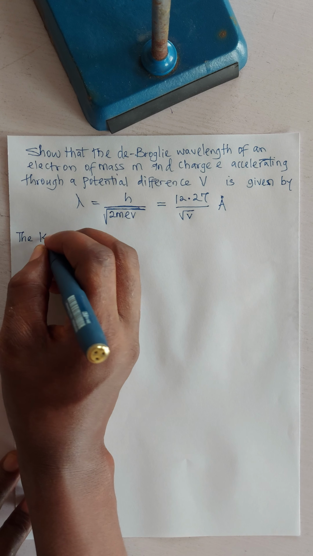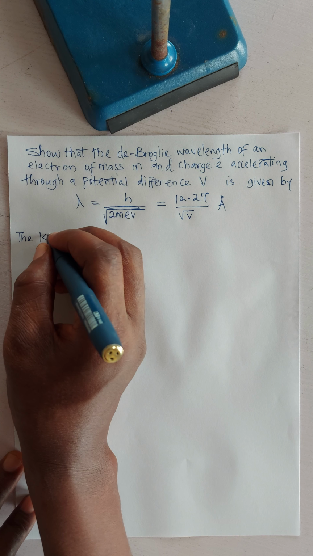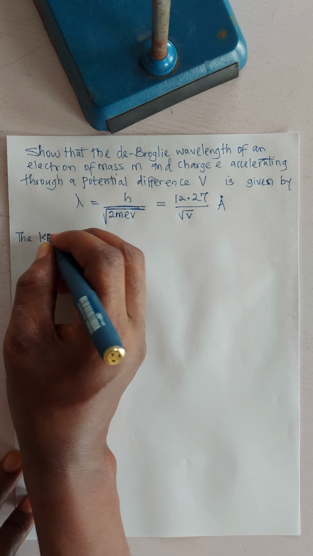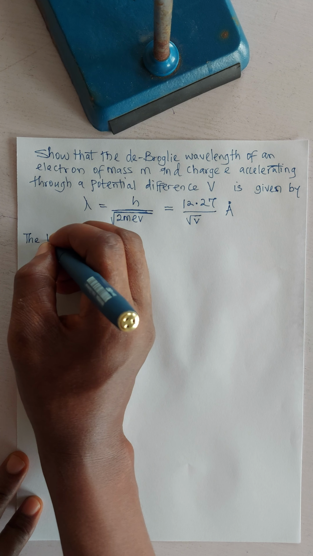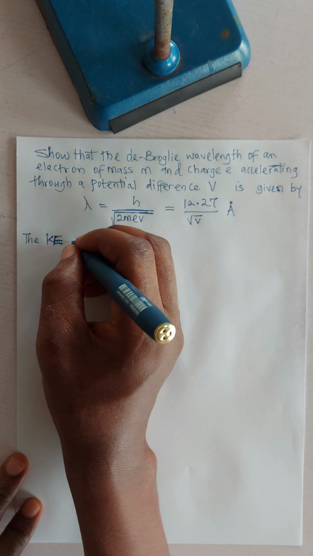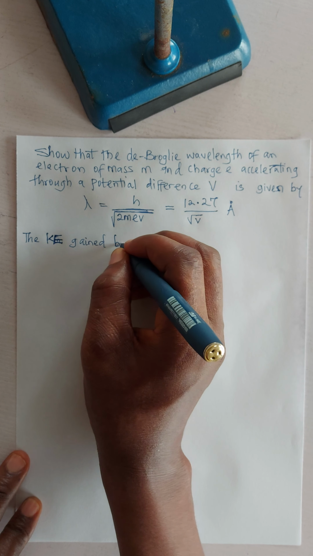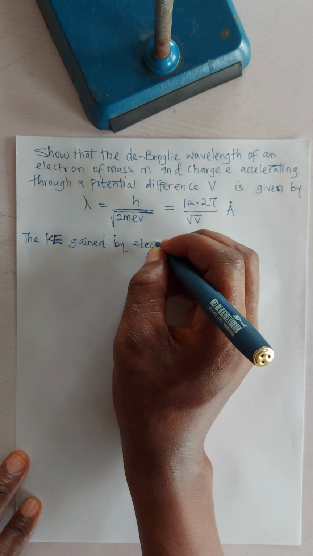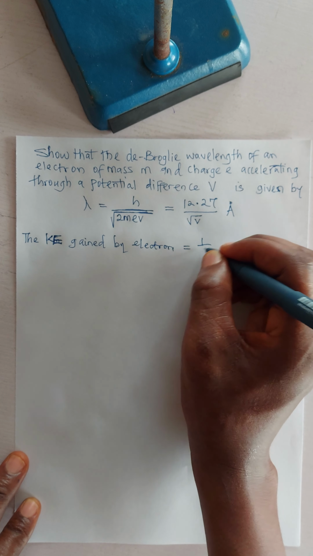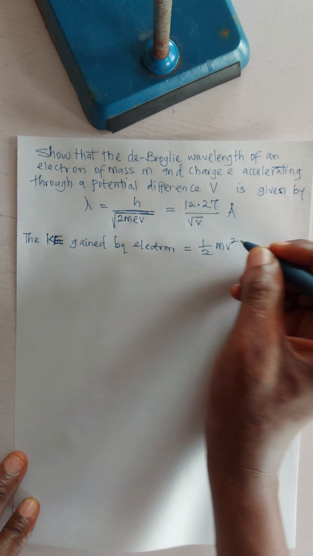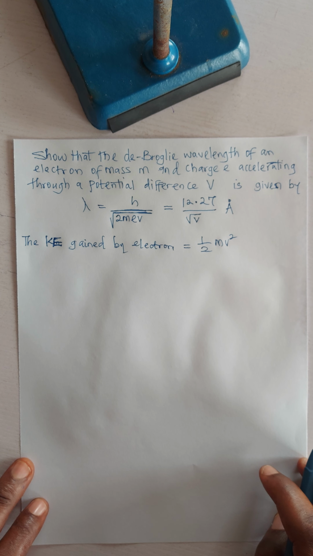The kinetic energy gained by the electron is equal to 1 over 2 mv squared. That is the kinetic energy gained by the electron.